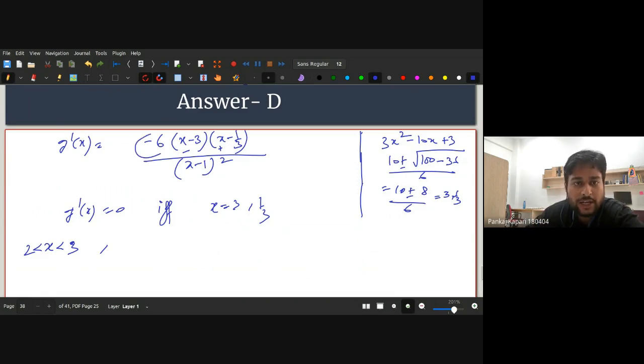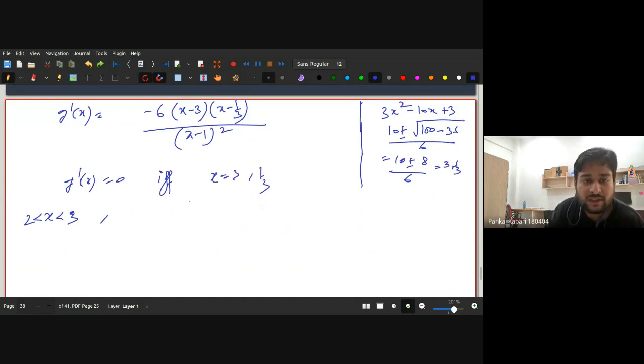And we already have a −6 outside, so these two will make sure that the product has positive sign. Okay, so if this happens, then the sign of the derivative is positive.